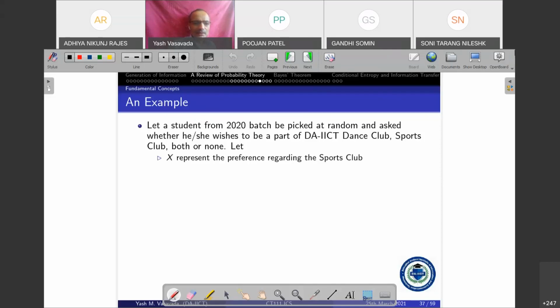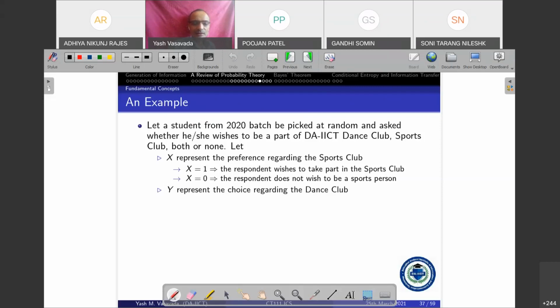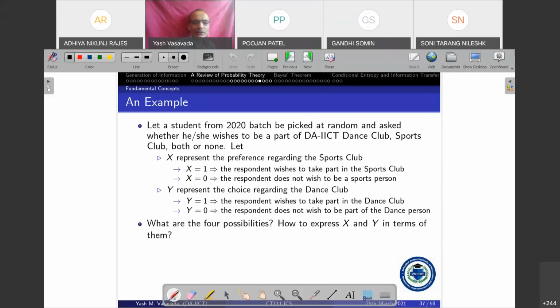So let us say that X is going to represent the preference that students exhibit about the sports club. So X equal to 1 means that that particular student wants to be part of the sports club. X equal to 0 means doesn't want to be part of the sports club. Similarly, Y equal to 1 and Y equal to 0 means the student wishes to be part of the dance club or not.